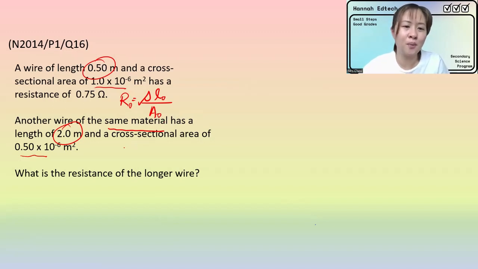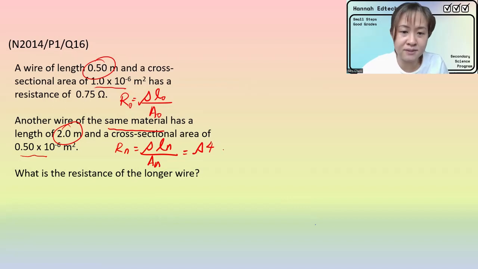Now, when you want to have the new wire resistance, you have resistivity, the length of the new over the area of the new. What's the length of the new? The length of the new is 4 times the length of the original, okay? And the area is actually half of the original area, okay? So let's move this around and you will see that 4 divided by 1/2 is actually 8.